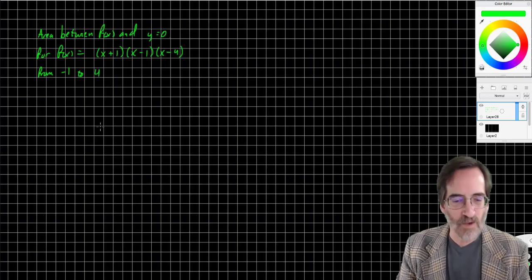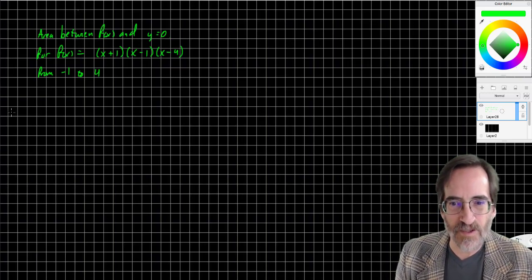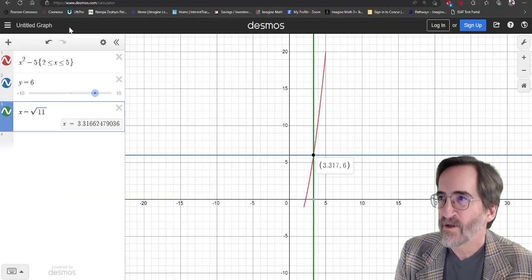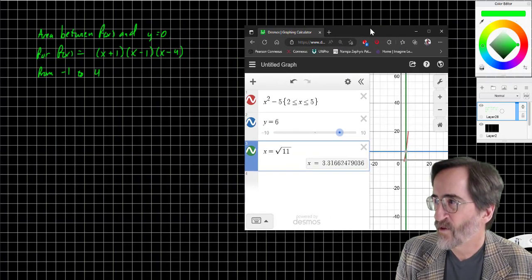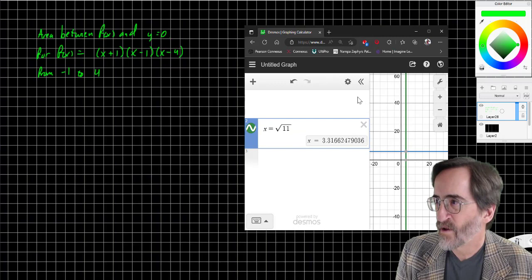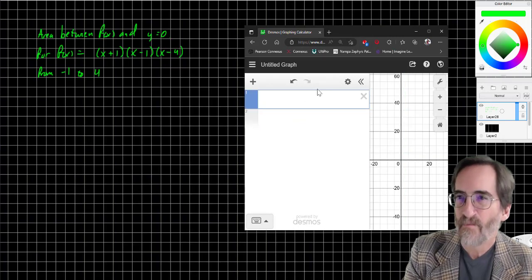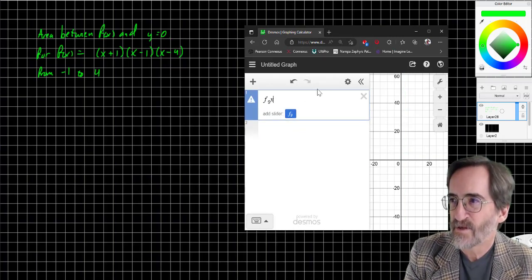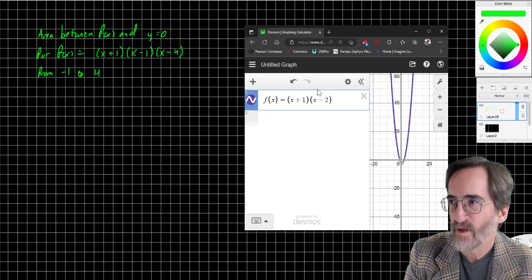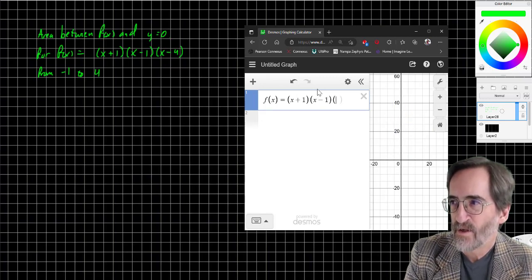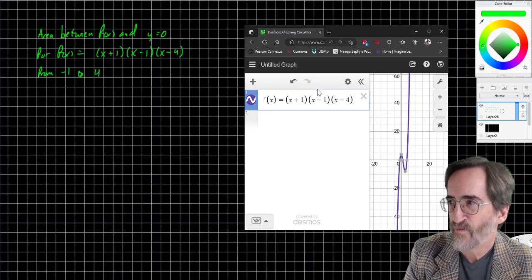So let's graph it, and I'm going to use a Desmos graph here. So I'll get rid of what was there before. Okay, so f of x equals x plus 1, x minus 1, x minus 4.